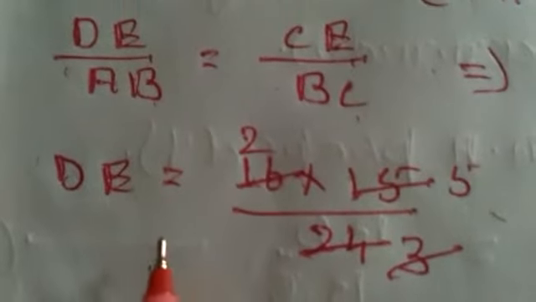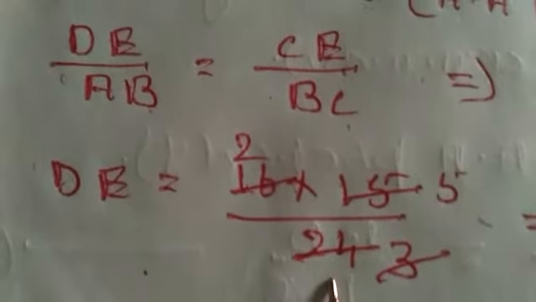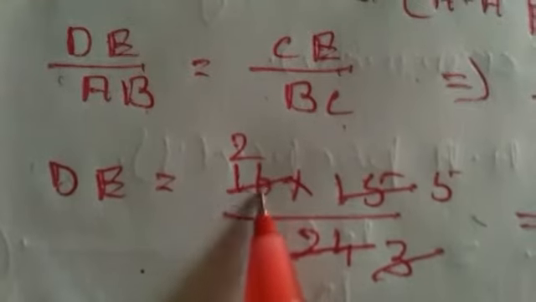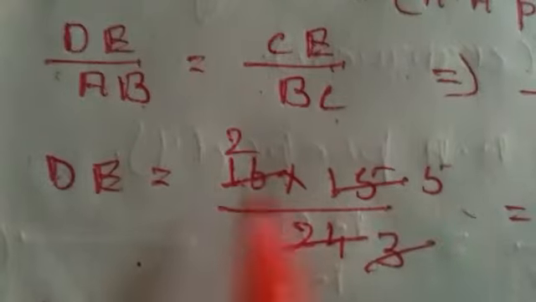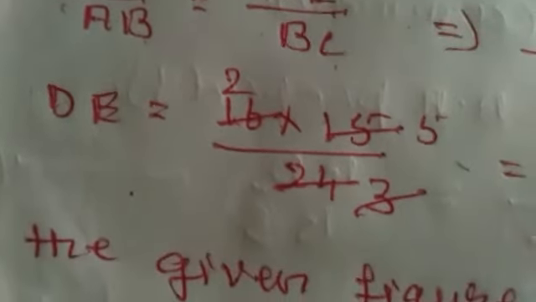So from here the value of DE equals 16 into 15 by 24. From 8, 16 will go 2 times, and 24 will go 3 times, and from 3, 15 will go 5 times. So we have DE equals 10 meters, which is the required length of the telephone pole which we need to find.